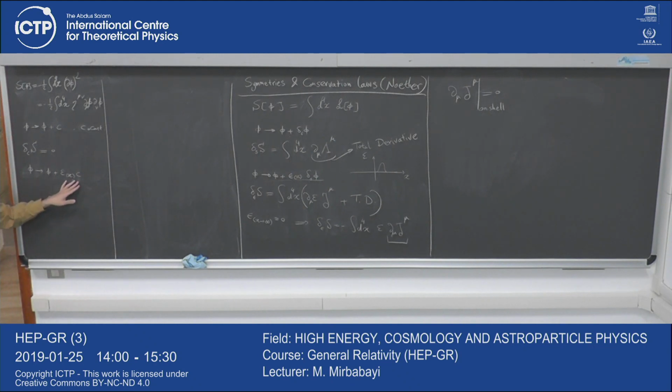Now as you see, this is kind of redundant because c is just a constant, so I can just absorb it into my epsilon, redefine my epsilon, keeping in mind that epsilon is an infinitesimal, so I'm only keeping terms to linear order in epsilon. So let me just drop this c, the constant. So now we look at the variation of the action with this change.